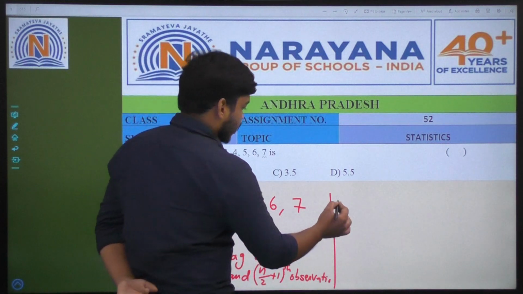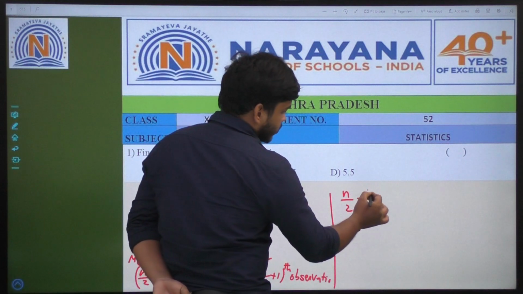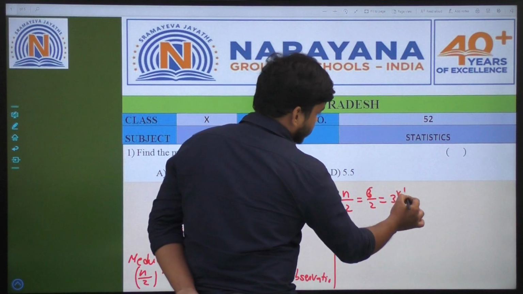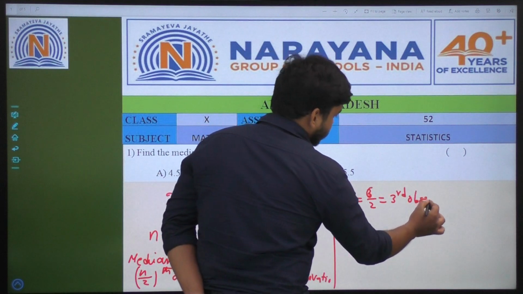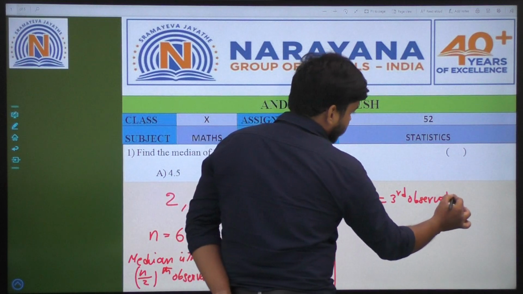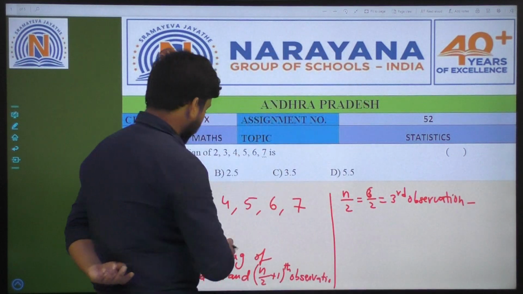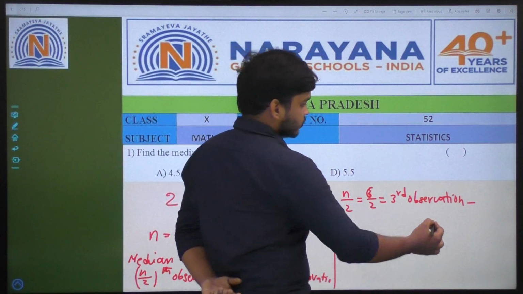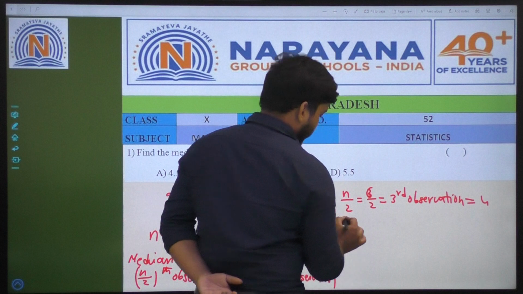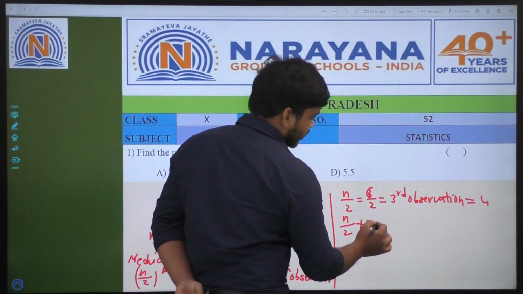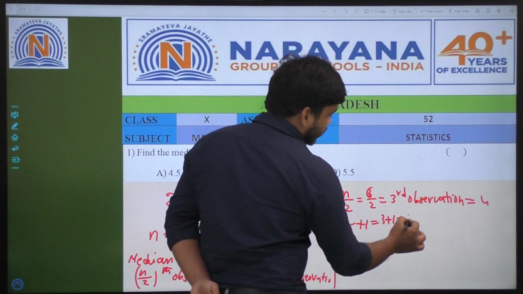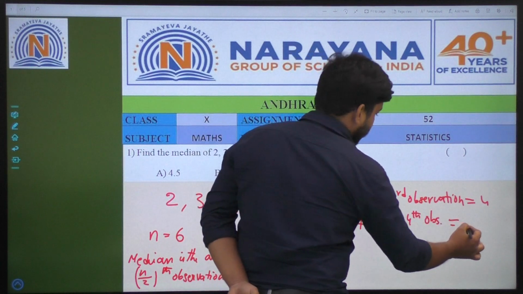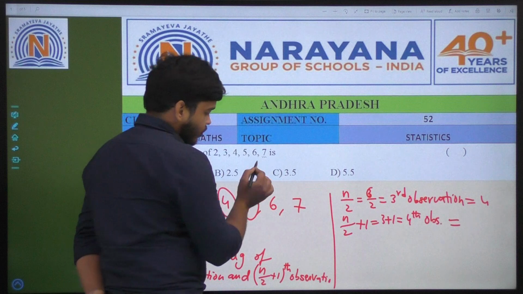Here n by 2, that is 6 by 2, equals the 3rd observation. The third observation in this result is 4, and n by 2 plus 1, that is 3 plus 1, the fourth observation, which is equal to 5.